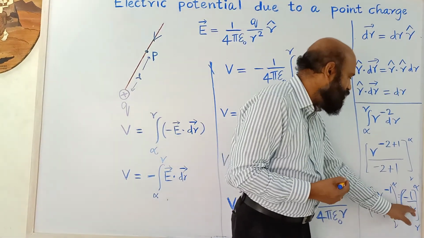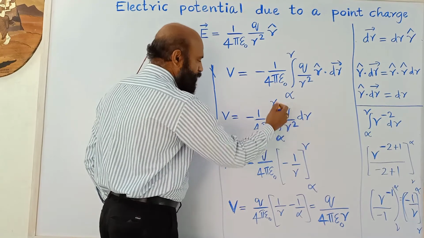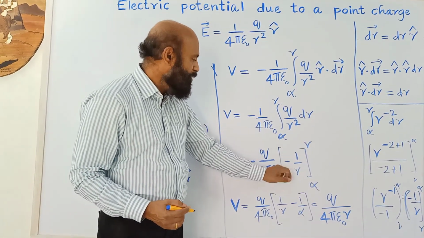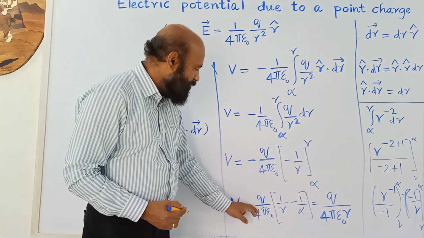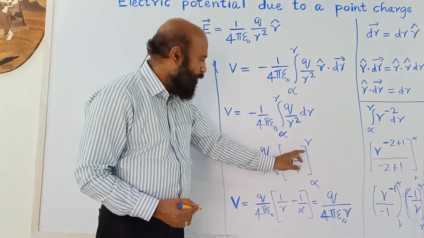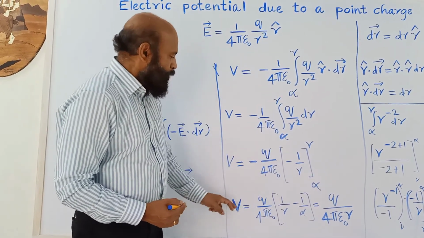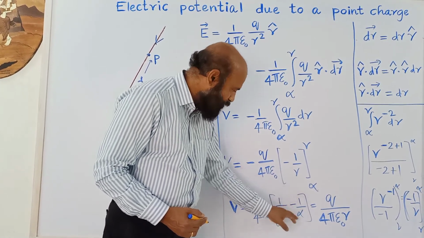Then this is the integration of this, and after the integration you will get like this, minus 1 by r, minus into minus plus, so you will get like this. Then apply the limit. Upper limit is r, lower limit is infinity. Then this 1 by infinity, this term will be 0.